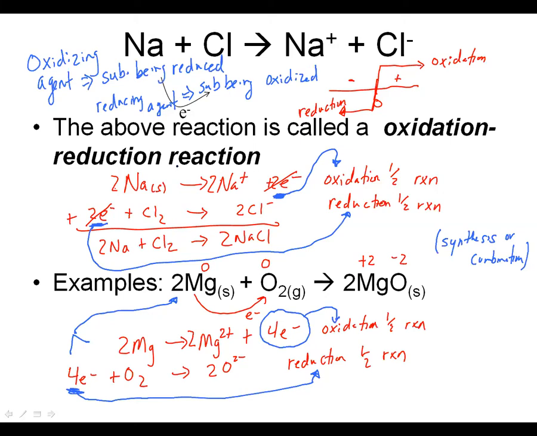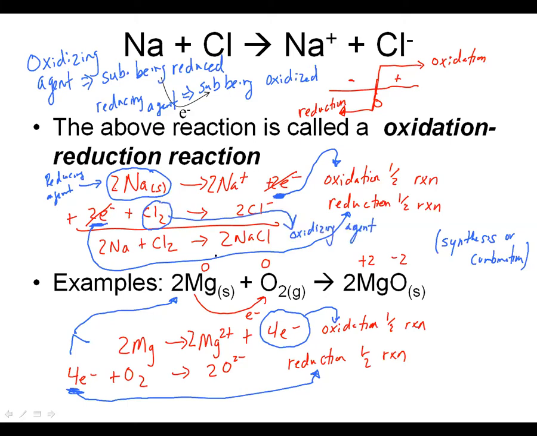In our top example here, the sodium is going through oxidation, which means it is our reducing agent, while the chlorine here is going through reduction, which means it is our oxidizing agent. Again, not to be confused with what is being oxidized or reduced.